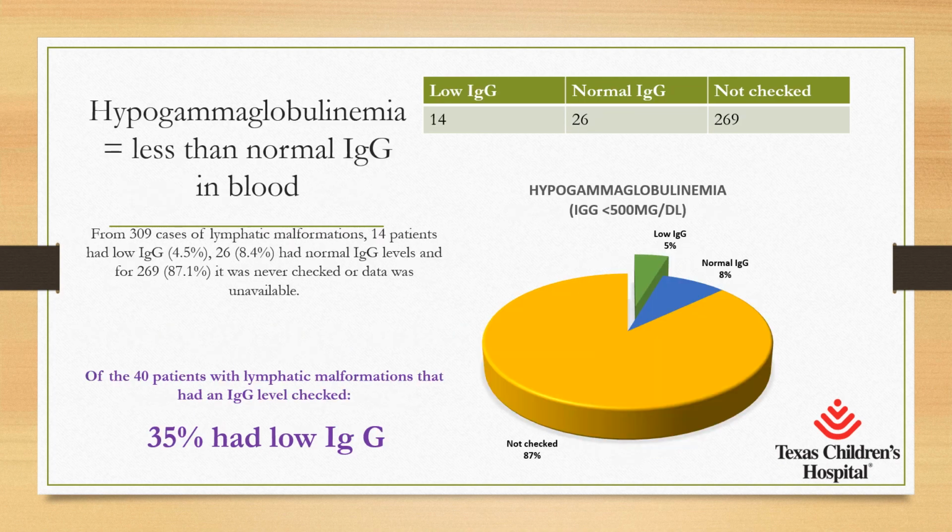And regarding hypogammaglobulinemia, again, from the same number of patients, only about 5% of them had low IgG and 8% of them had normal IgG, but a very, very large number of patients never had an immunoglobulin level checked. So we don't know, again, if this will remain statistically significant or not, as 87% of the patients did not have an IgG level ever checked.